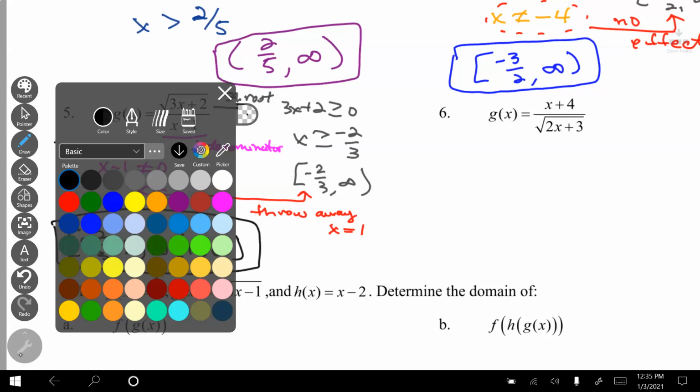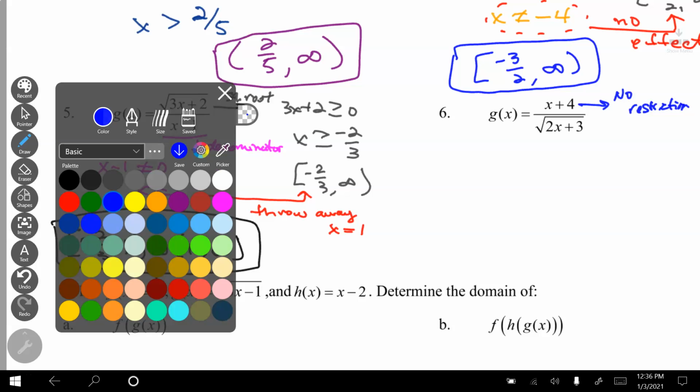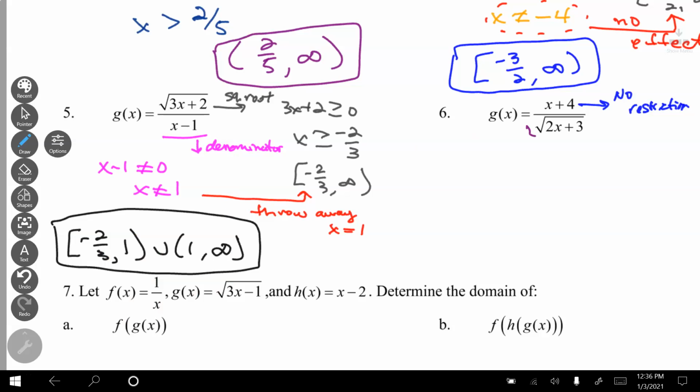I look at the next one and I look like, okay, I have a numerator. X plus 4 is a numerator. There's no restriction for that. I can use any number I want. But then I do notice that I have a square root in a denominator situation, so I'm only going to use greater than 0.